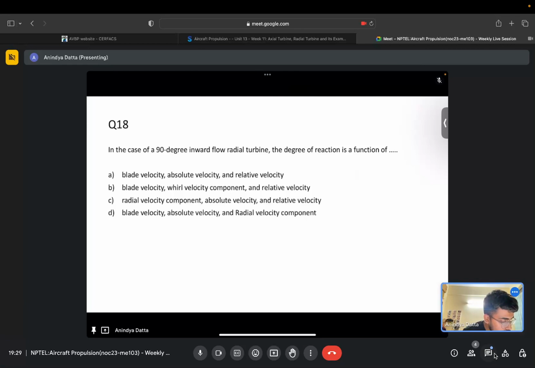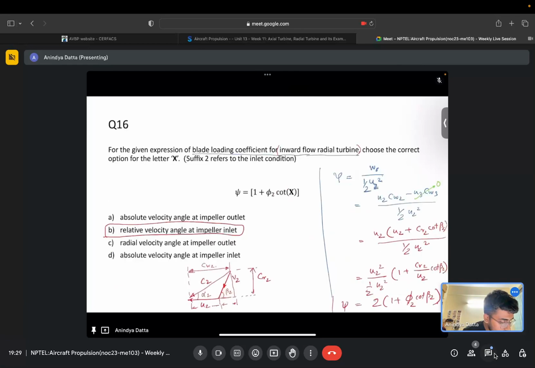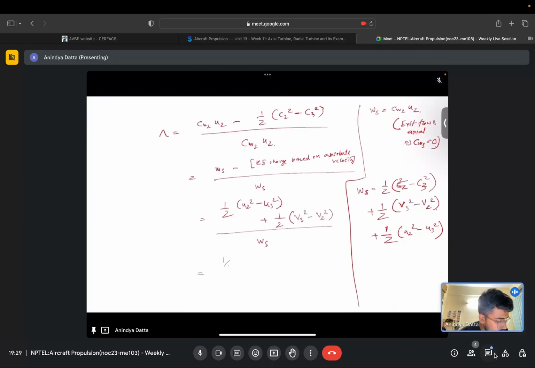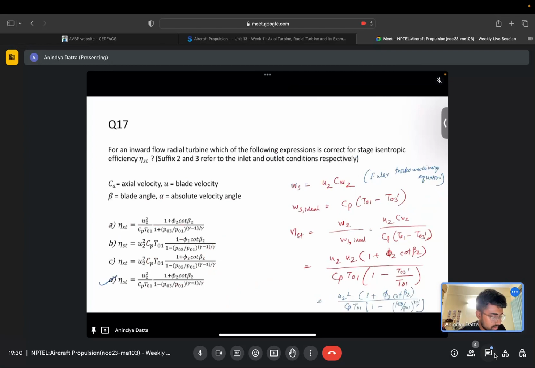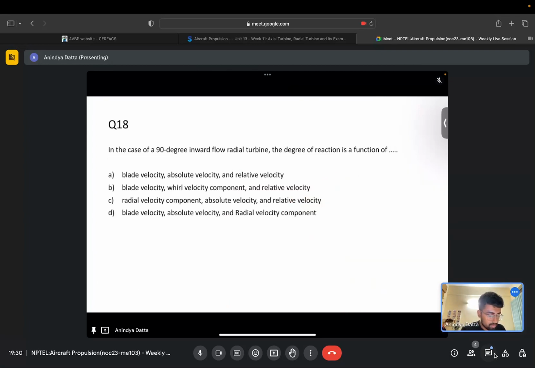We can use this expression for the degree of reaction. This has blade velocity plus the relative velocity divided by Ws, and Ws is CW2 U2. So we have blade velocity U, whirl component of velocity CW, and relative velocity V. So the correct answer will be option 18b.